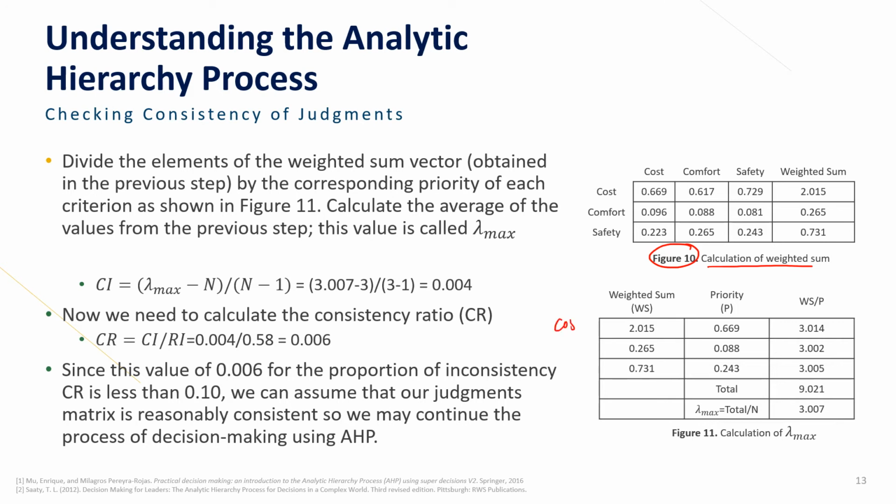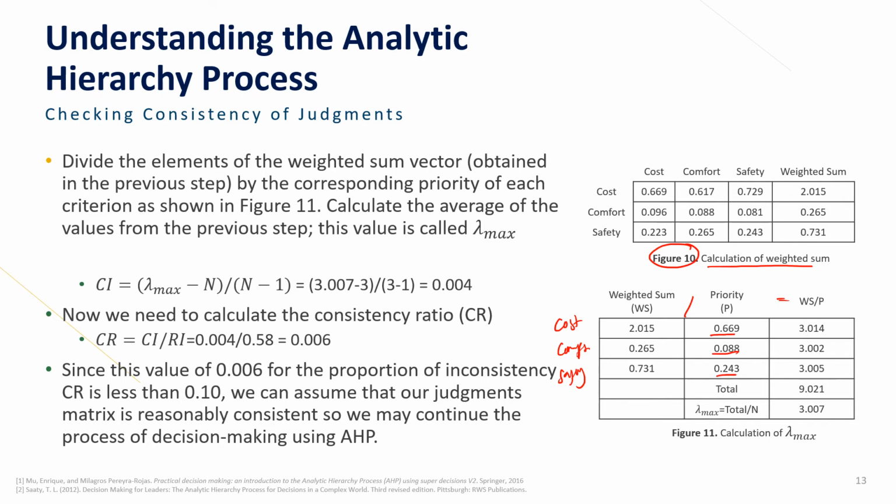This is for cost, comfort, safety, and you need to divide this weighted sum by the priority. For example, for the cost, 2.0 divided by 0.669 equals 3.01. This divided by this equals this.